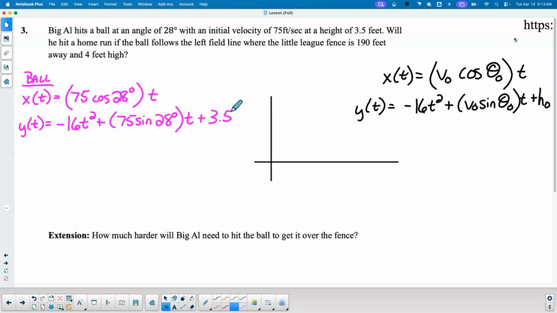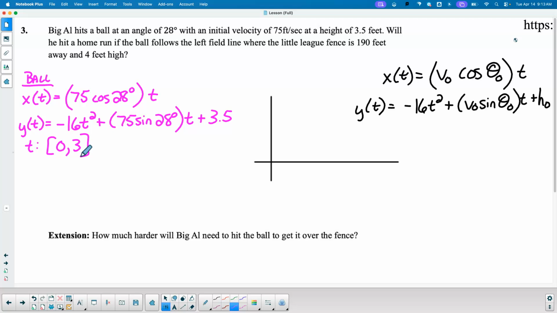And how long do we think that ball's going to be in the air? 3 seconds-ish. Okay. If it's longer than 3 seconds, we can always adjust it at the end, or we can adjust it in the graph to make sure that we got it. Everybody good with that one?